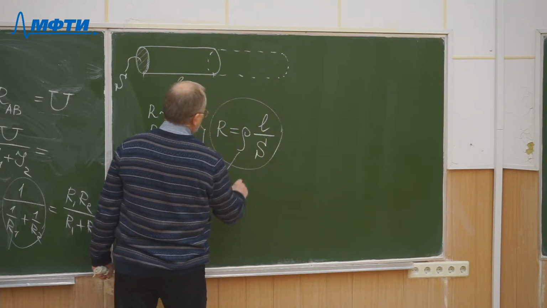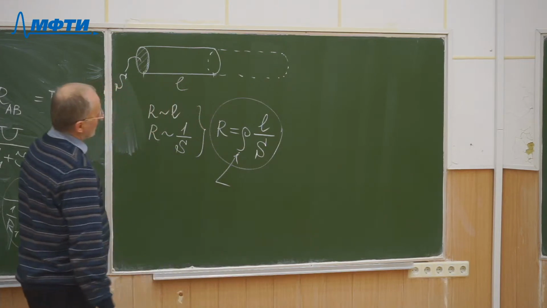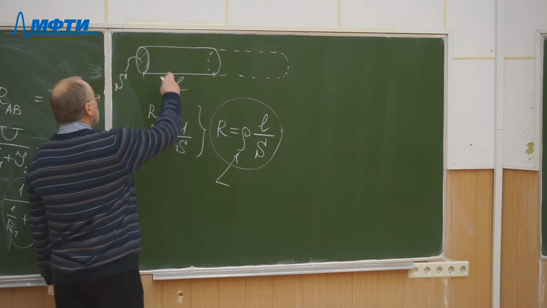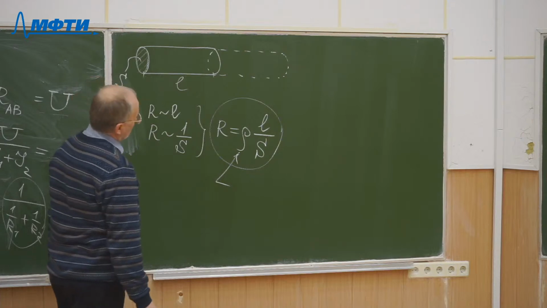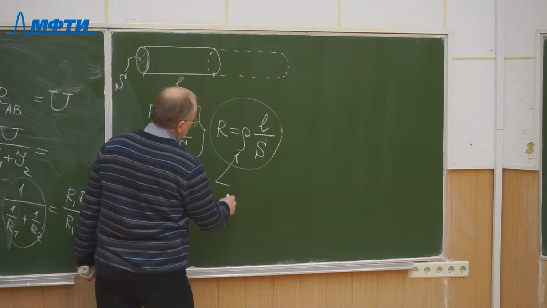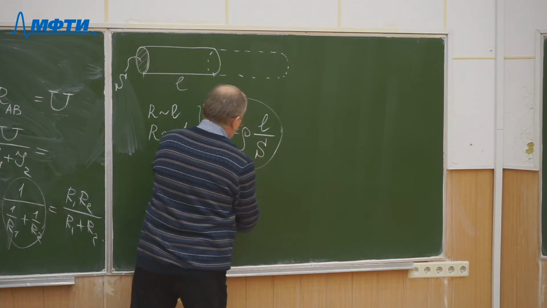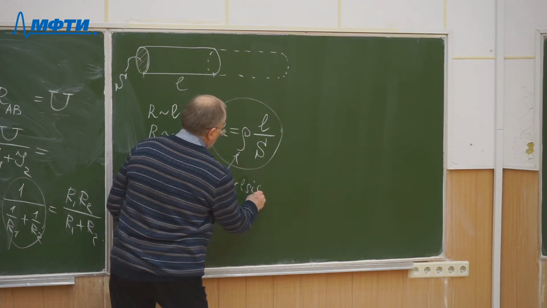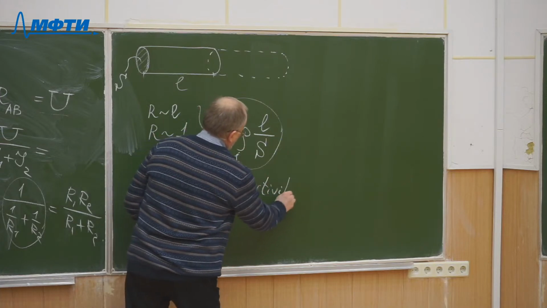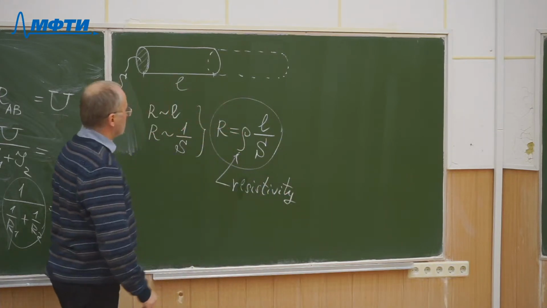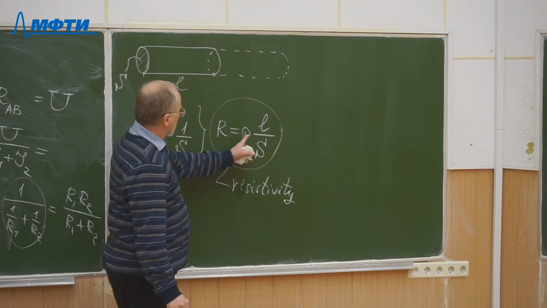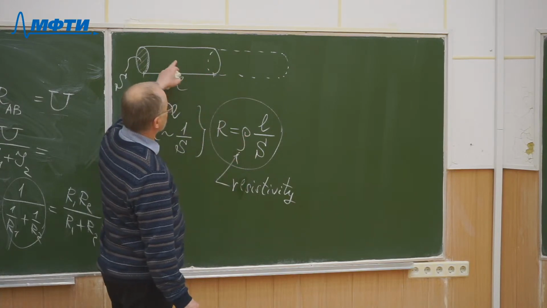And this coefficient is called the specific resistivity of the material from which the wire is made. And this specific resistivity, or simply resistivity, is a characteristic constant of the material from which the wire is made.